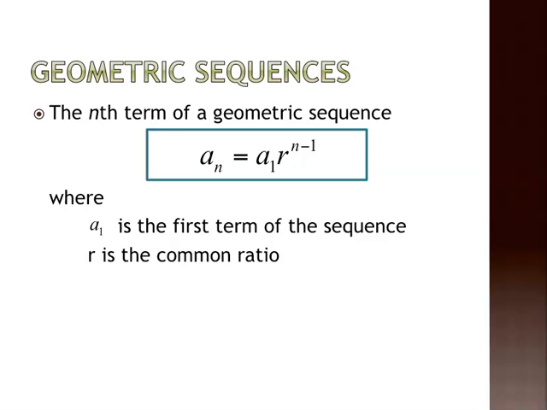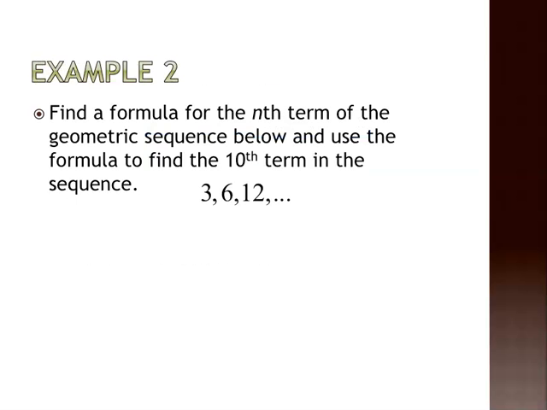Okay, let's do an example where we use this. So this example says, find a formula for the nth term of the geometric sequence below, and use the formula to find the 10th term in the sequence. Okay, so we have 3, 6, 12, and it continues. Okay, so clearly the first term is 3.